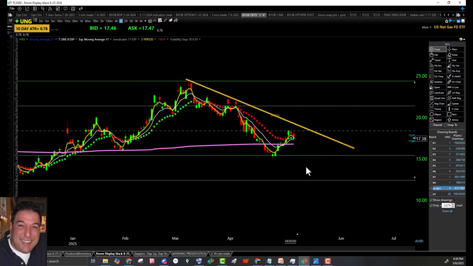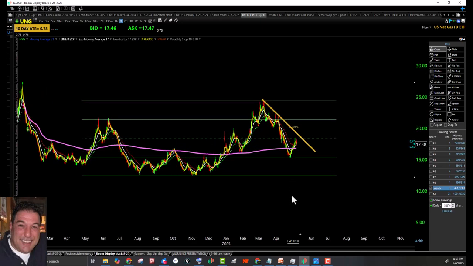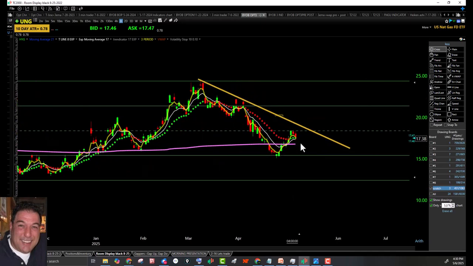Price action is not in the lower third, so that's not bearish, but still in a downtrend and caught underneath the downtrend line right there, up over this 12-month high anchored VWAP. So price action is just neutral right there, but in a downtrend.